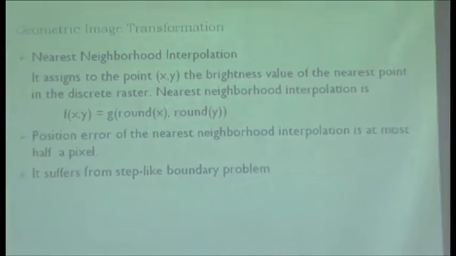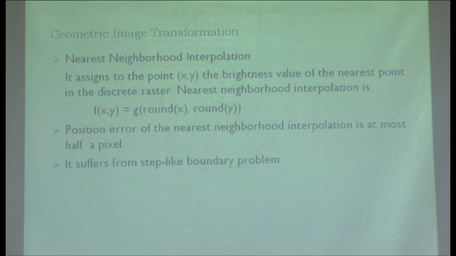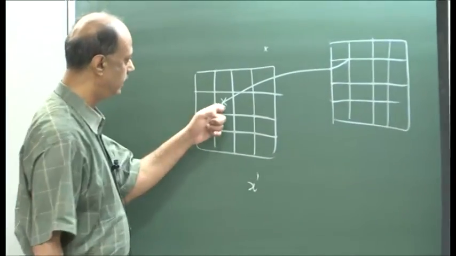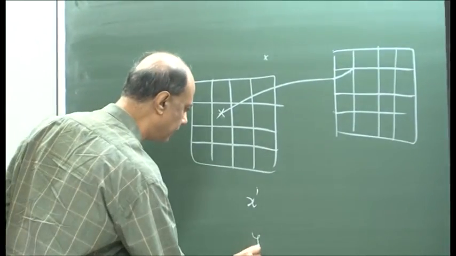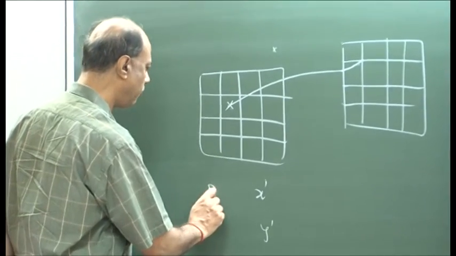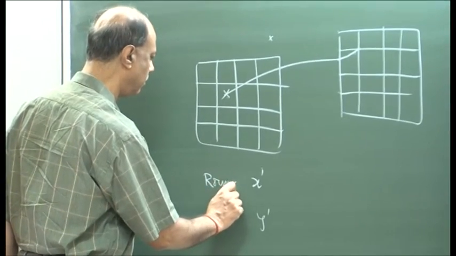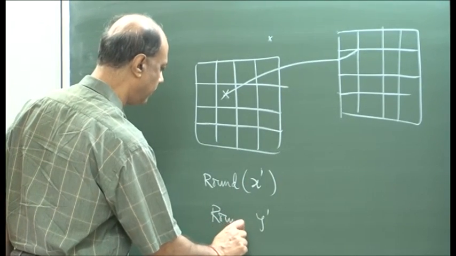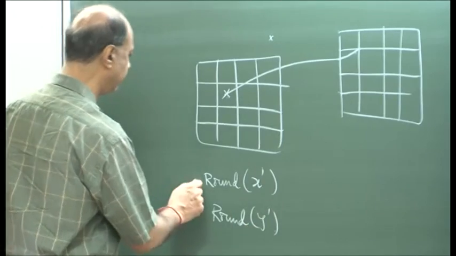Now, in the case of nearest neighbor, the idea is very simple. See, I have x dash here and I have y dash. I take the round of x dash, I take the round of y dash.